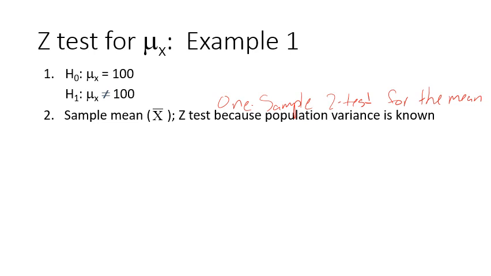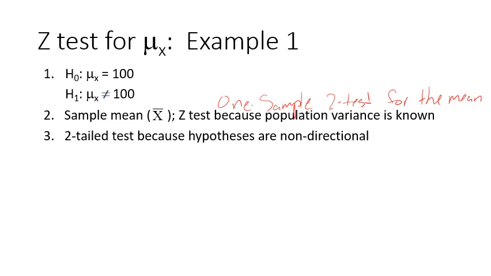Which also gets to step 3, this is two-tailed or non-directional. Our hypotheses are non-directional. Let's say you did the hypotheses wrong, and instead of equal and not equal, you did the alternate as greater and the null as less than or equal to. Then in step 3, you're going to say it's one-tailed or directional.